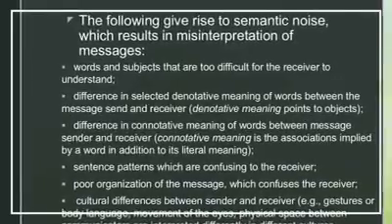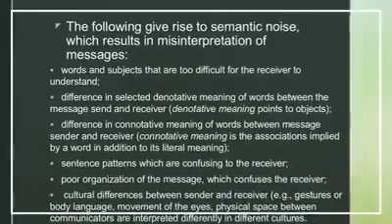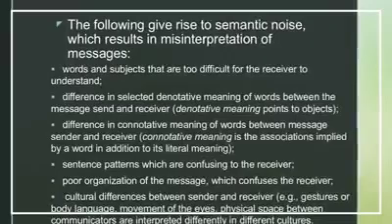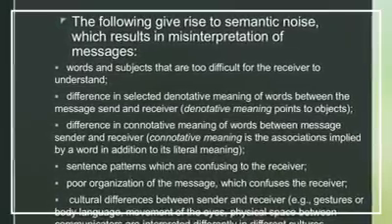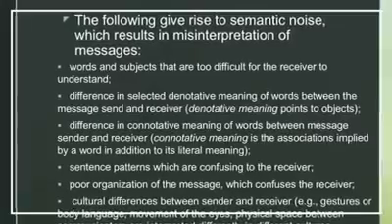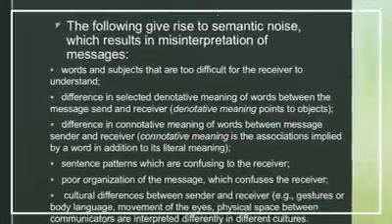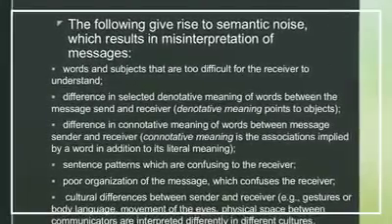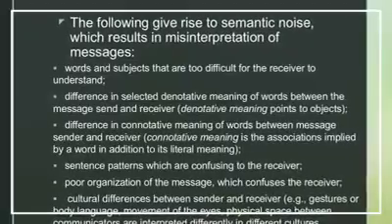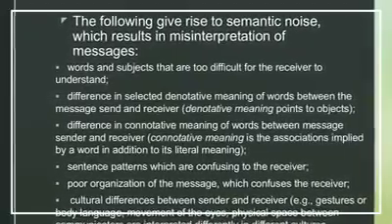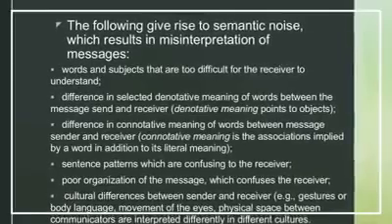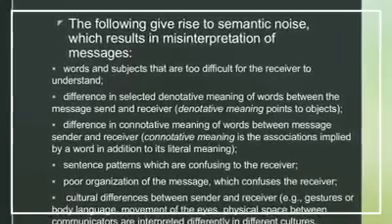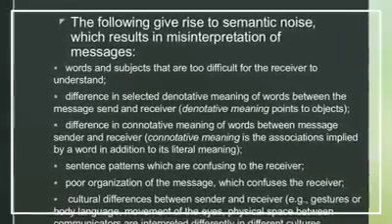First, words and subjects that are too difficult for the receiver to understand. Second, difference in selected denotative meaning of words between the message sender and receiver. Denotative meaning points to objects. Third, difference in connotative meaning of words between message sender and receiver. Connotative meaning is the associations implied by a word in addition to its literal meaning.